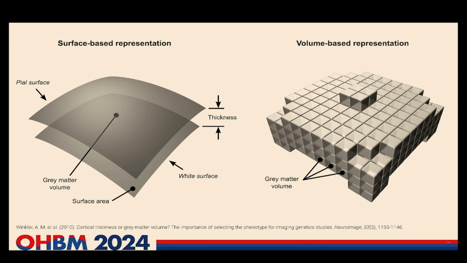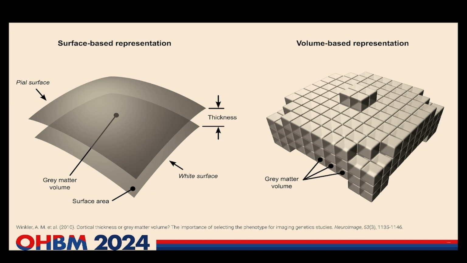Depending on how big or small the voxels are, we may be able to very accurately delineate the cortex, or what is more likely is that there will be some voxels that have captured both grey and white matter, and we get this effect called partial voluming.